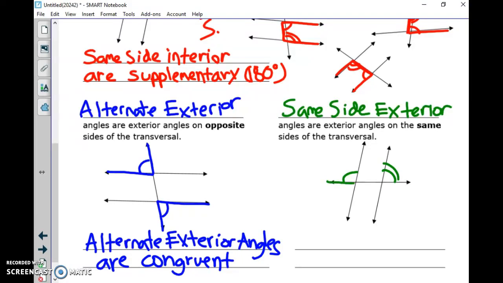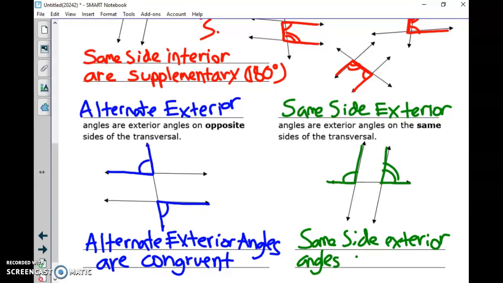If I shade the edges of the angles, again, I don't get a special letter out of this one, so we don't have that on our notes, but we will write that same side exterior angles are supplementary. So again, notice, same side exterior are supplementary.